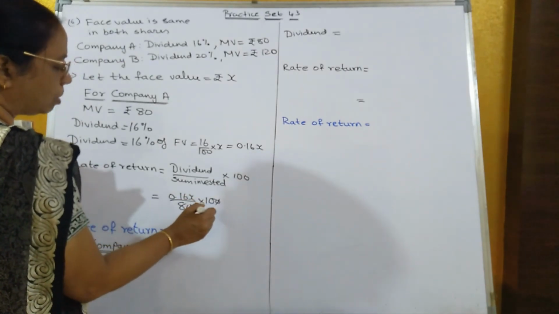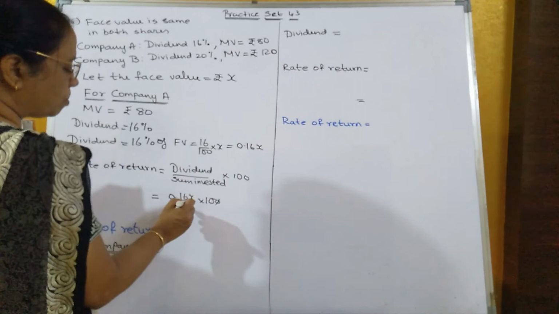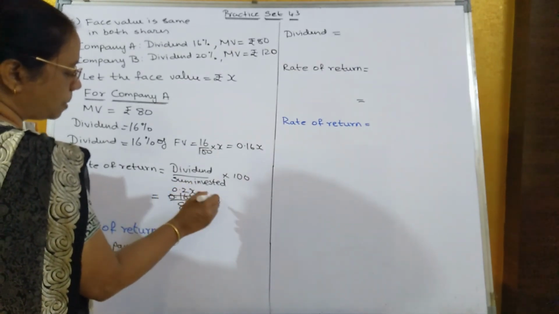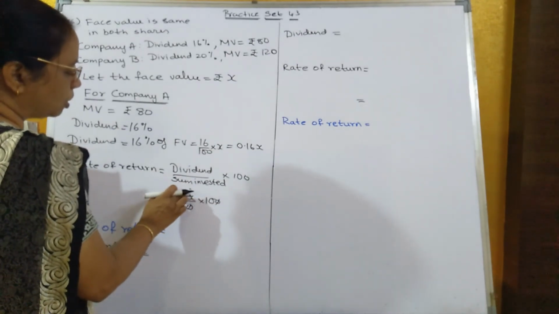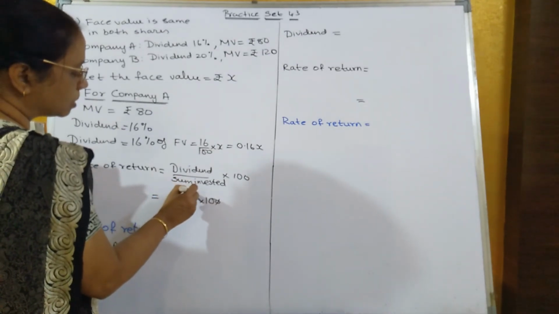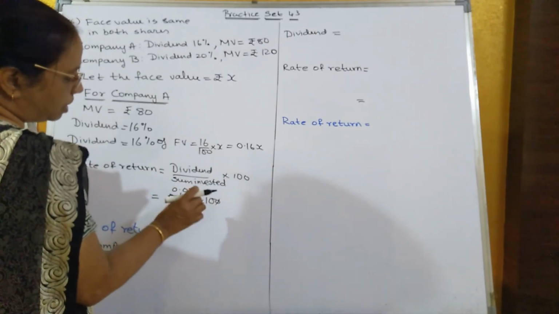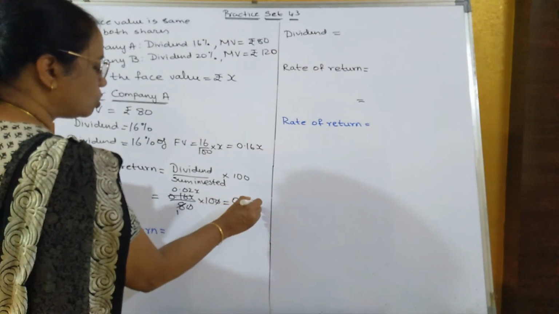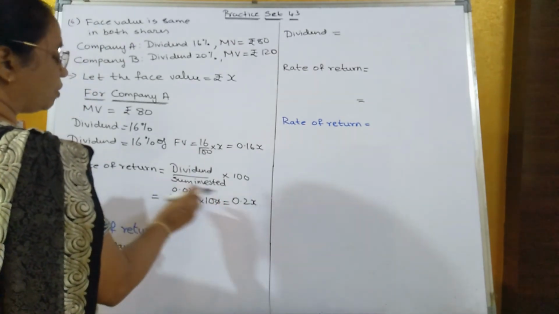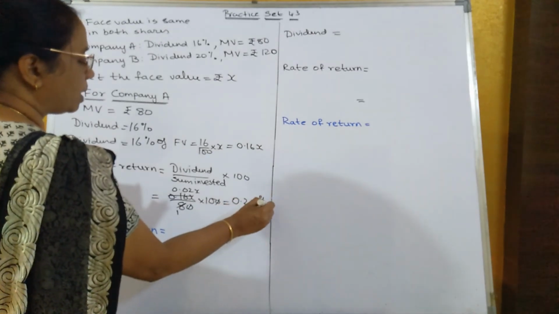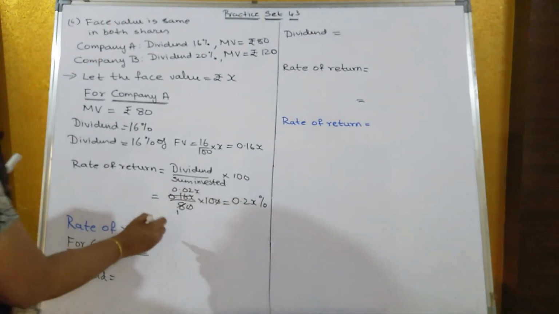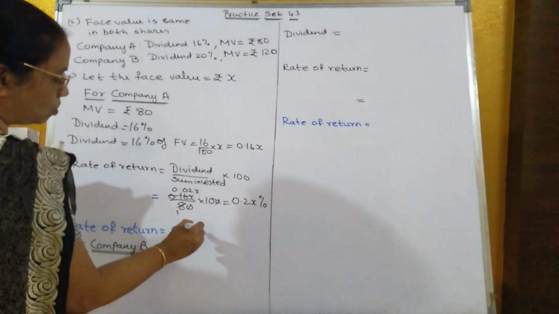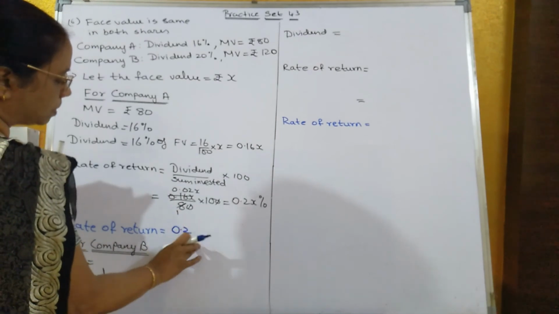One 0 will go away, so 0.16x upon 80, that is 0.02x. When you multiply with 10, that is equal to 0.2x. So rate of return is equal to 0.2x percentage.